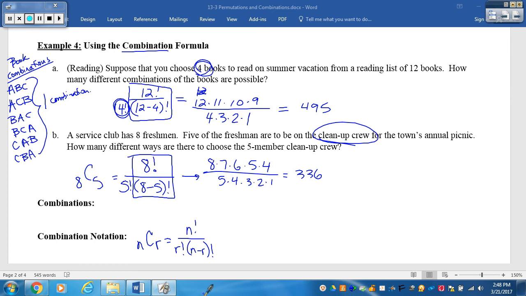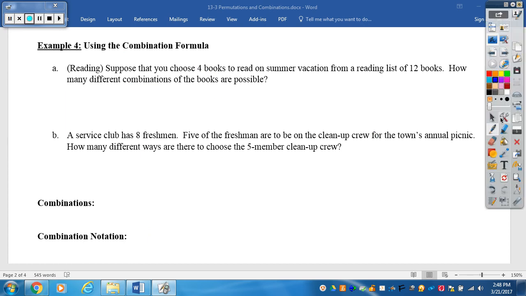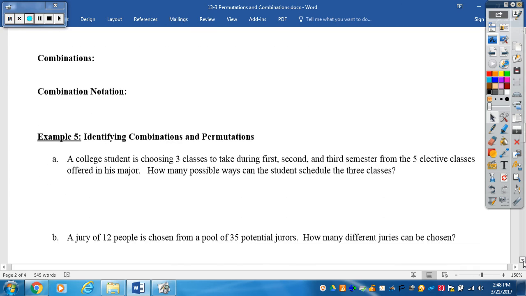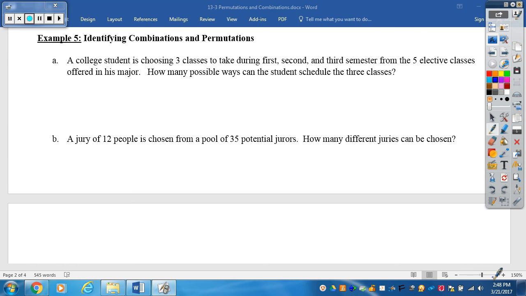All right, now, in looking at example number 5, the real question as you look at the different types of probability is, can I identify which one I'm working with? It's not the easiest thing to do.